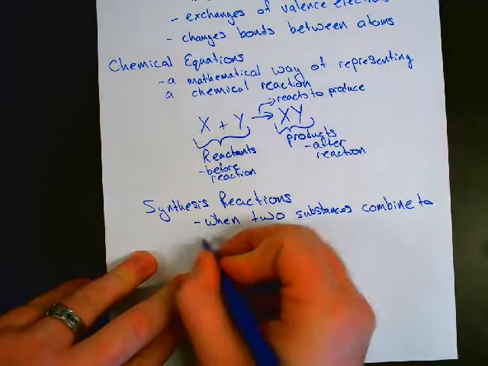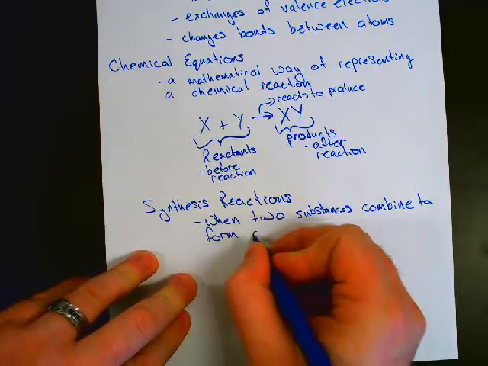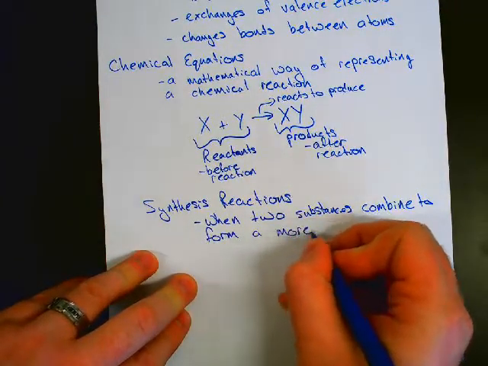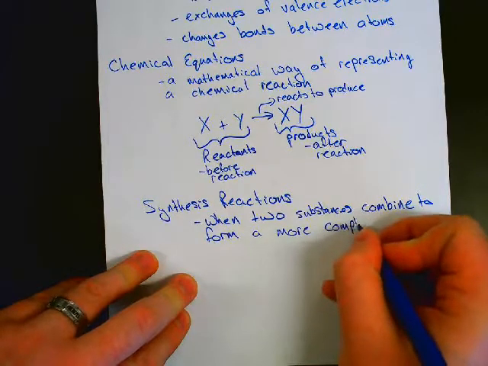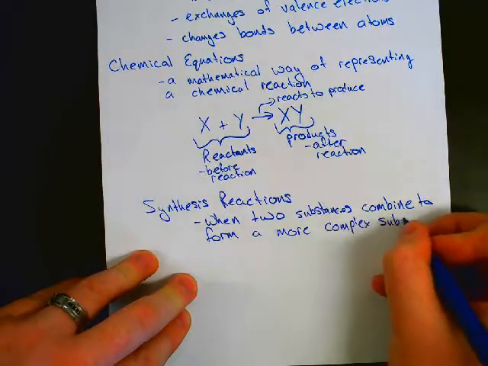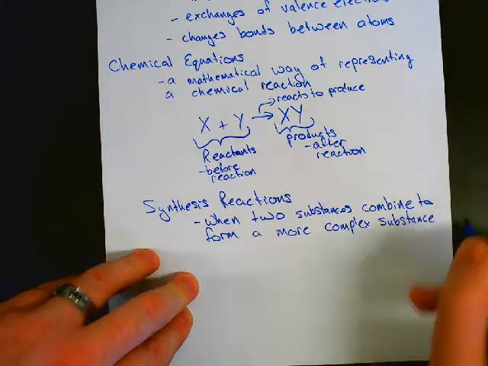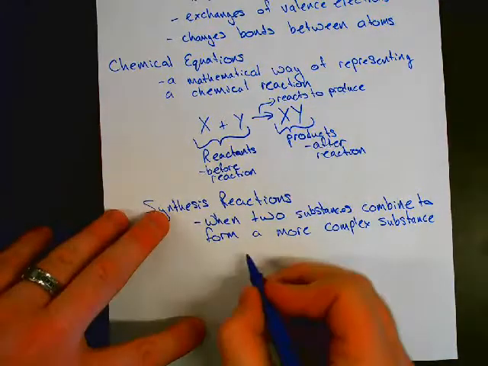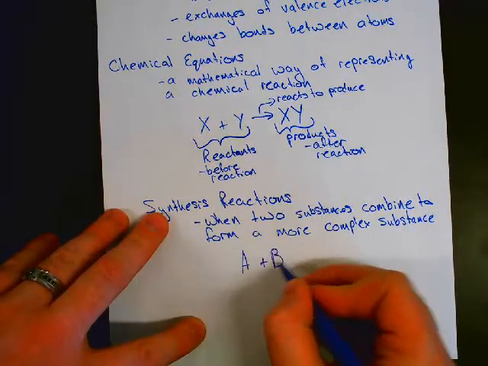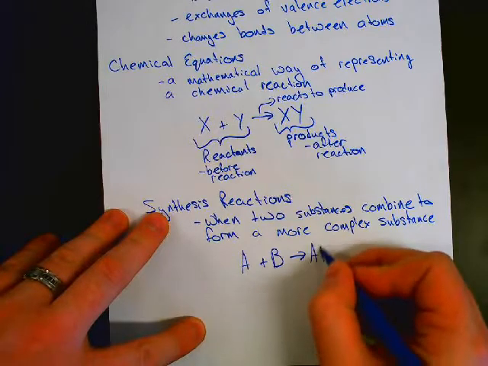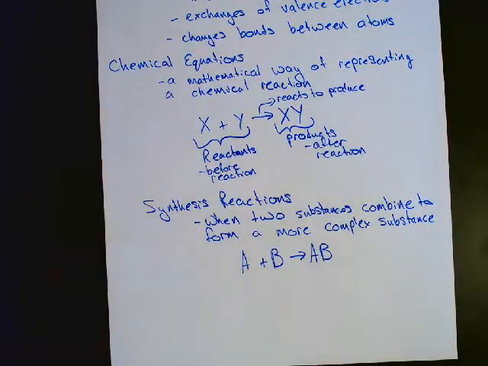The general form of the reaction looks something like A plus B reacts to produce AB, which is kind of the example I gave above.